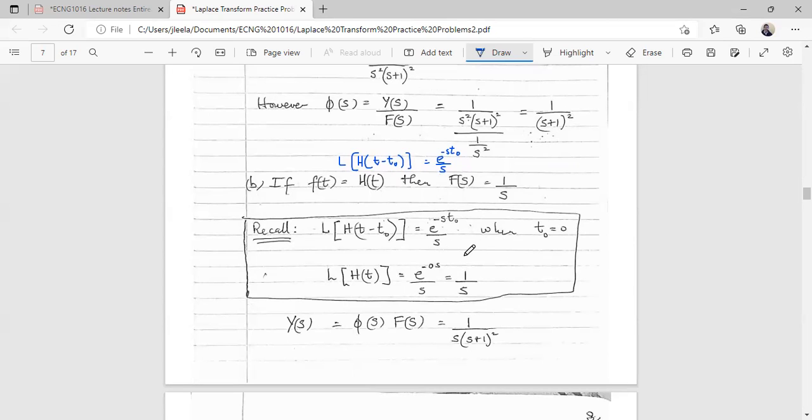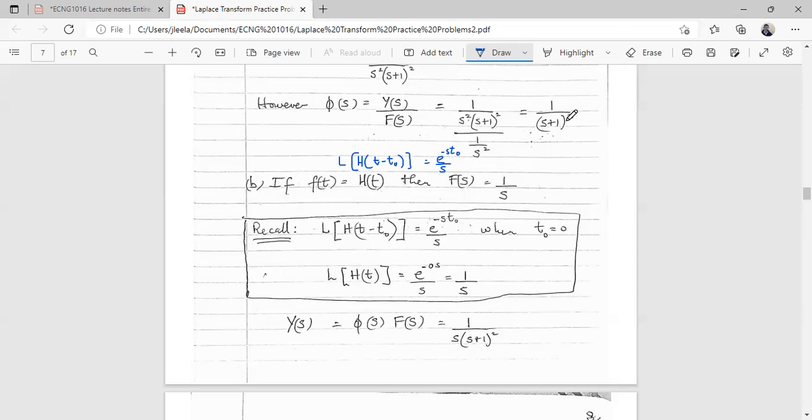Right, so you see, look, I wrote it here as well. So you have ys is equal to your transfer function by fs, right? So that will be, this is the transfer function here, 1 over s plus 1 squared, right?